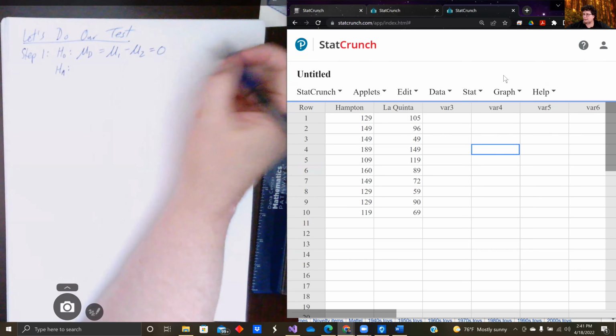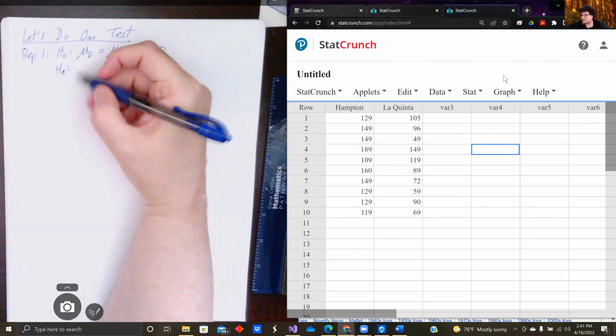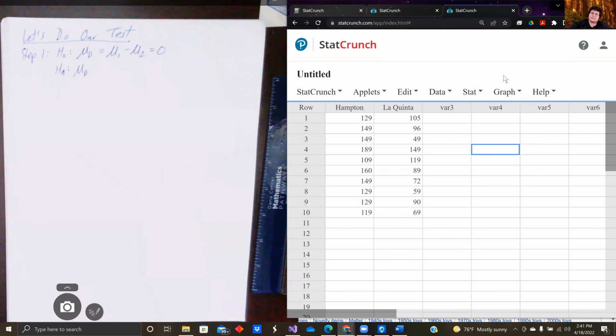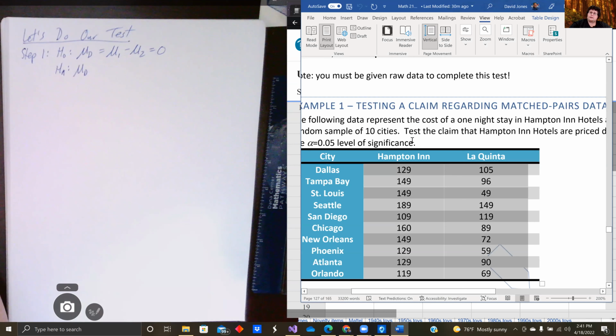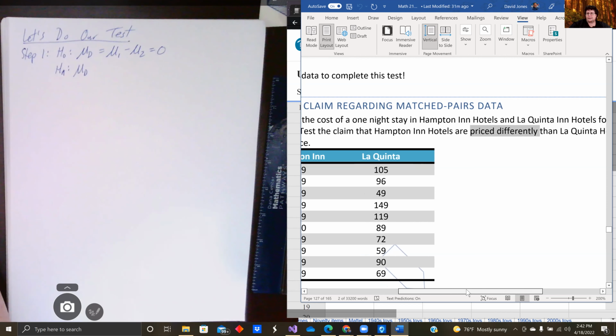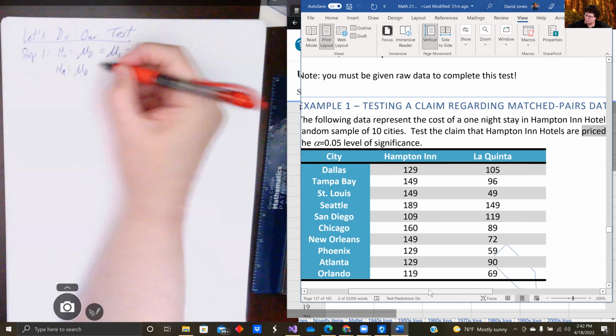And mu D is mu1 minus mu2 equals 0. And the other one, we got to see what the wording was on the example. The wording said priced differently. It didn't say Hampton was higher or lower in cost. It just said differently. So we're going to go with not equal.